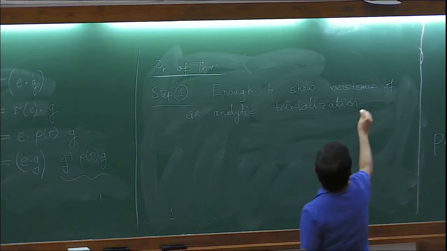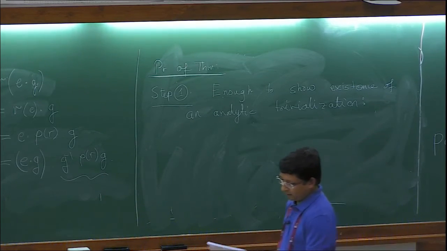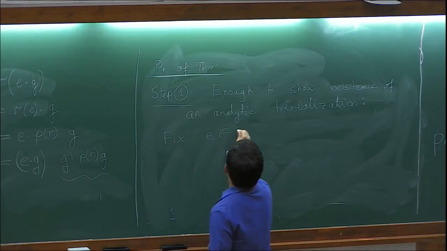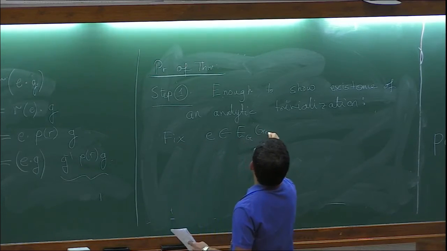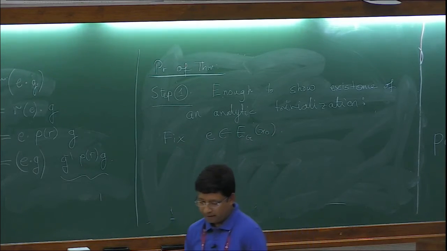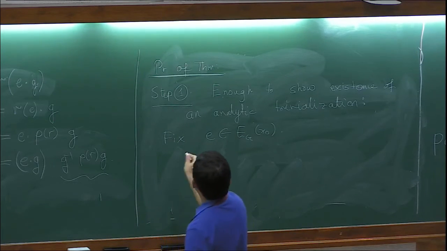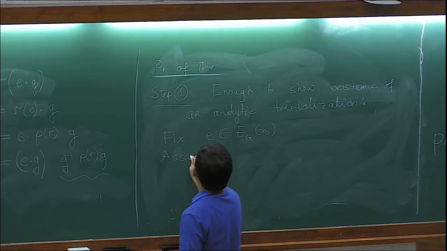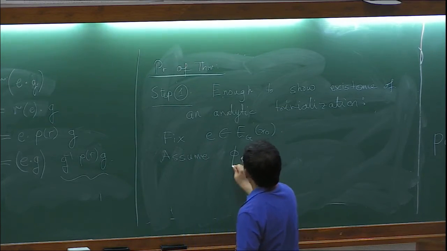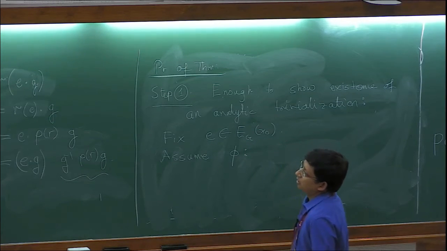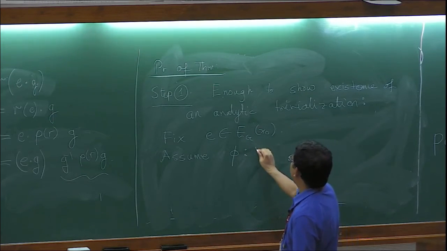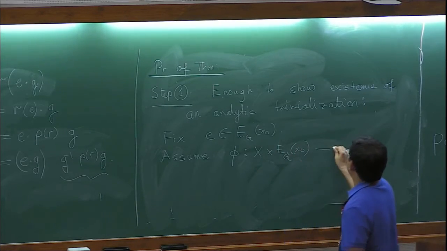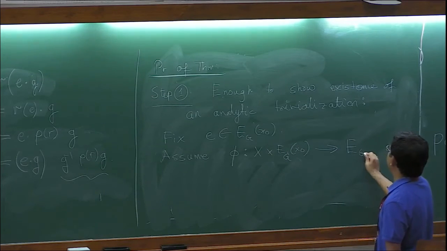Okay? So this is how it works. We fix an element e of that fiber, and we define, so assume we have an analytic trivialization, also called phi, from X cross the fiber to EG.